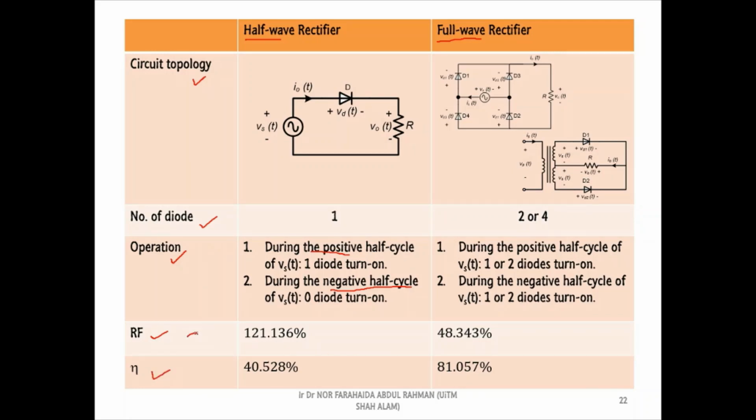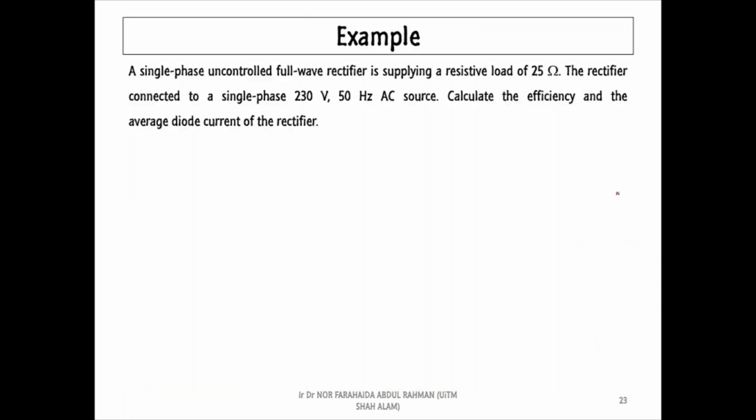Based on these parameters, we can see that the full-wave rectifier has a lower ripple factor with higher efficiency. Because of this, we can claim that the performance of the full-wave rectifier is better than the half-wave rectifier.